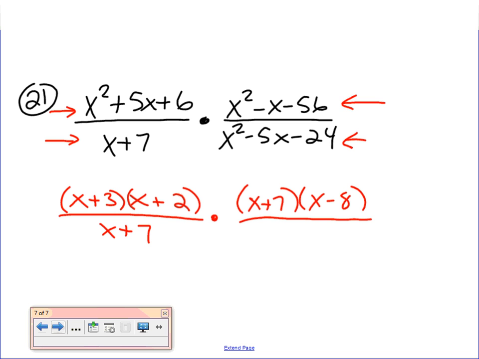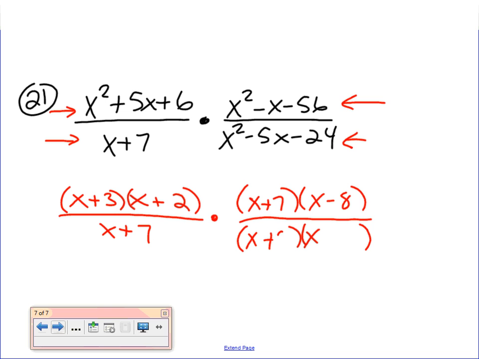We got one more to look at. That's this one right here. Let's see if we can find some factors. I know x times x is the x squared part. What are we going to multiply together to get negative 24? And would also add up to a negative 5. Three and negative 8.